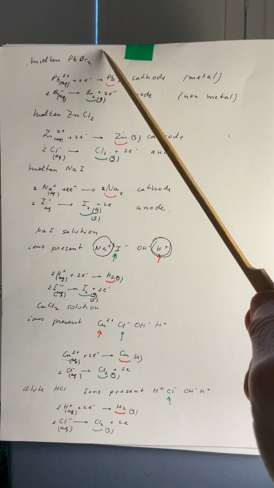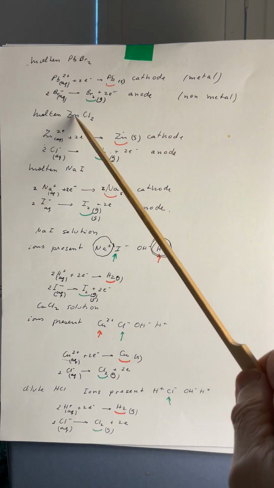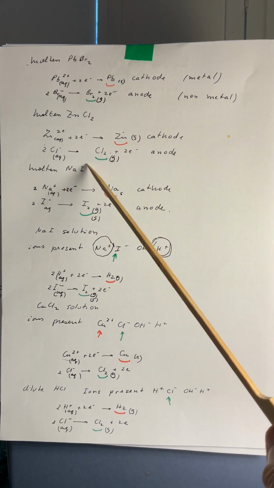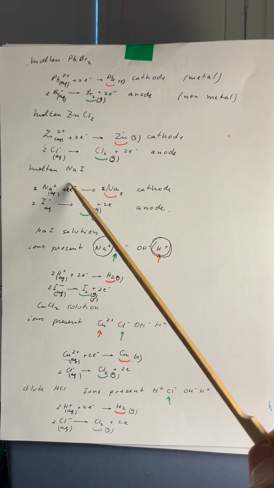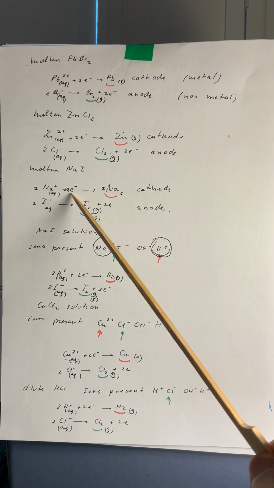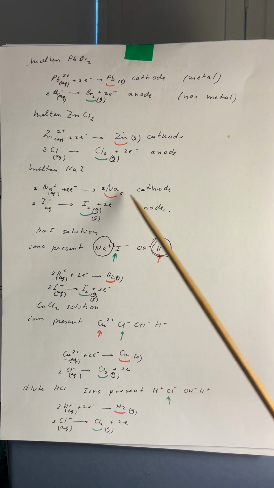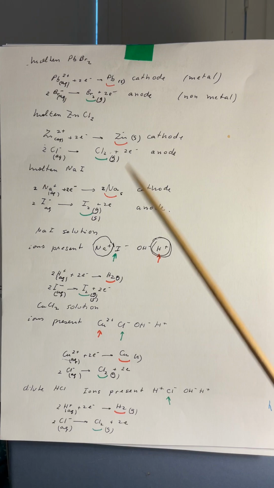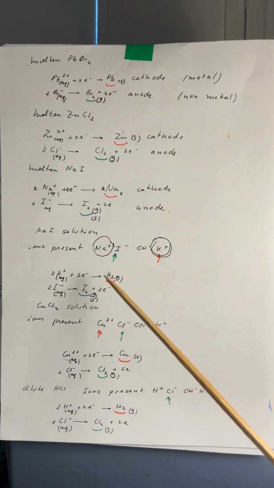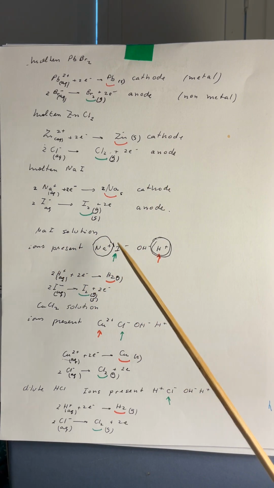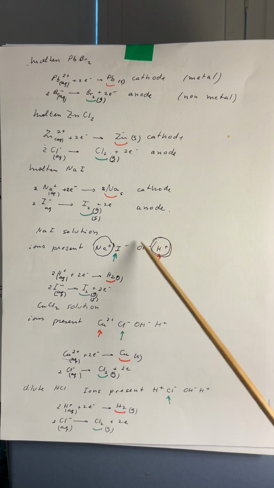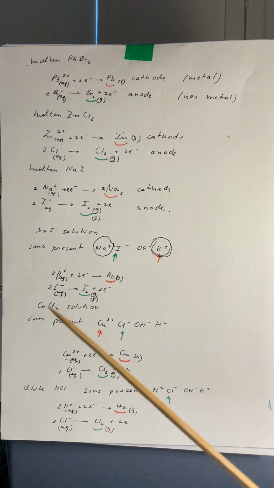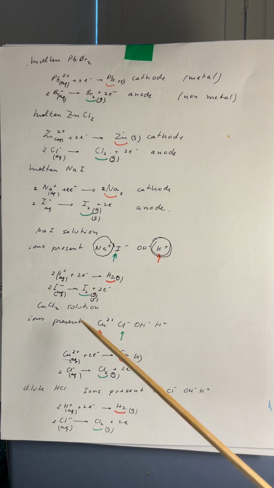Again, lead bromide, zinc chloride, sodium iodide, and it's all the same. The positives take the electrons, the negatives release the electrons. They have to be balanced. And this one's in solution. Now you have the four ions, and you have to decide which ones are going to react.